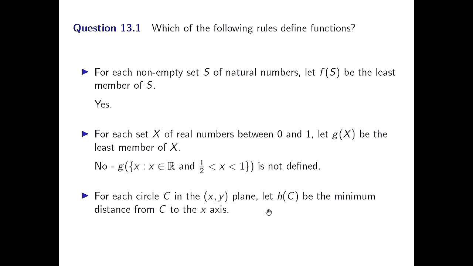Okay, I think this is okay. The only tricky thing is that obviously some of these circles will intersect the x-axis, but presumably for those the minimum distance is 0. And for the other circles, presumably you're defining a circle by its middle and its radius. And given the middle and the radius, you can pick out the minimum distance to the x-axis. I think this one's okay.